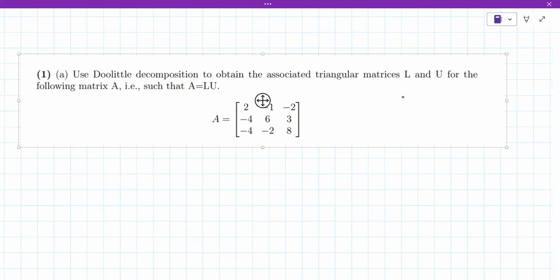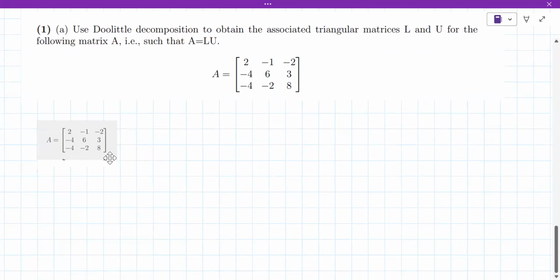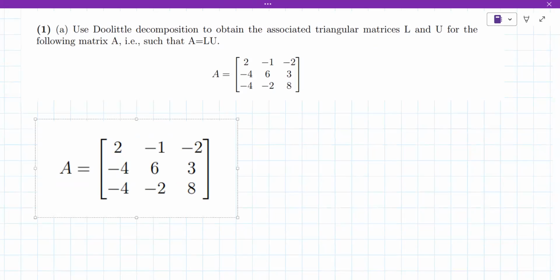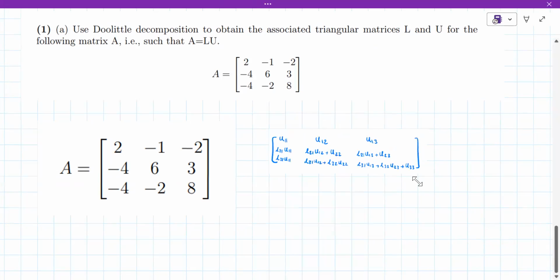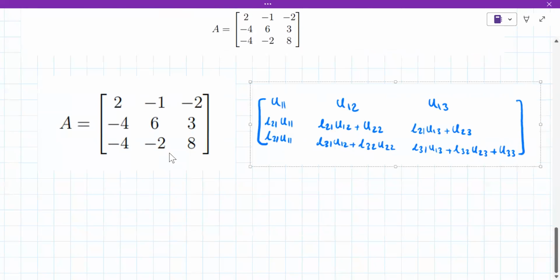So let me grab from the notes again, just to make a couple snips to make this readable. Boom, we got that. All right, so there's your matrix. And then here is your setup. Hopefully you get a reference sheet for your exam. This would be a good thing to have. So right off the bat, U11 equals 2.